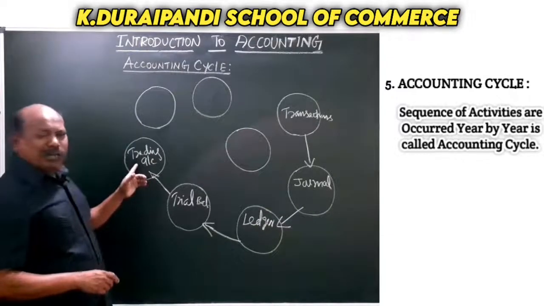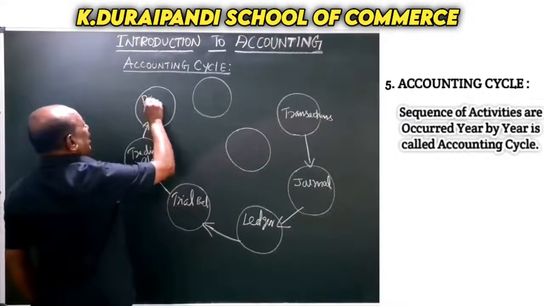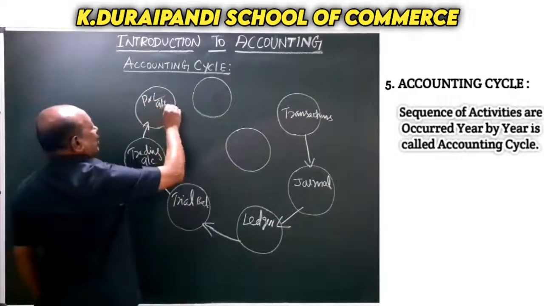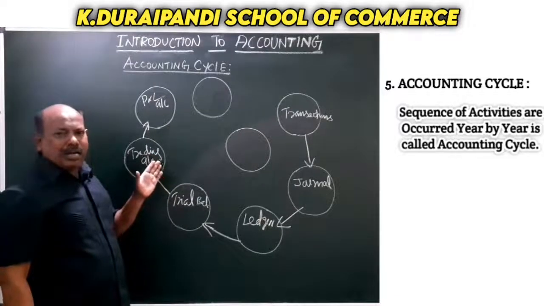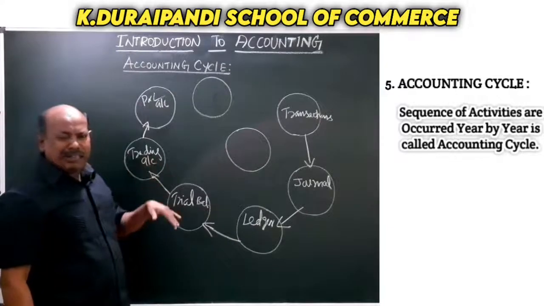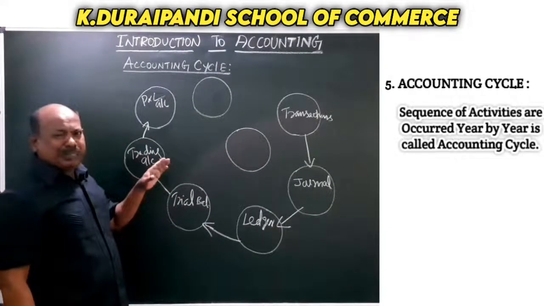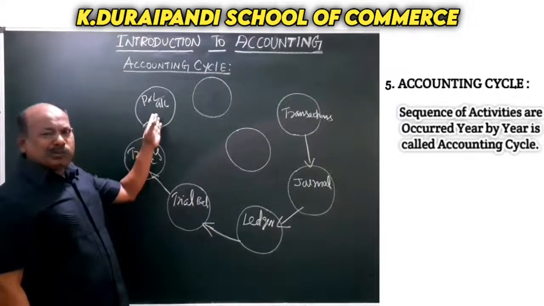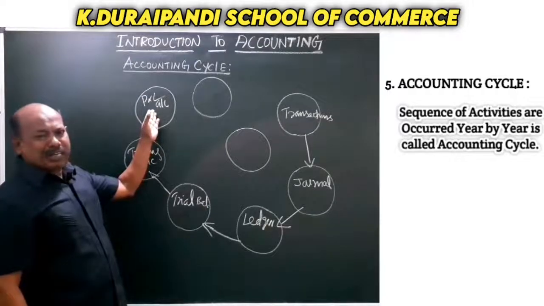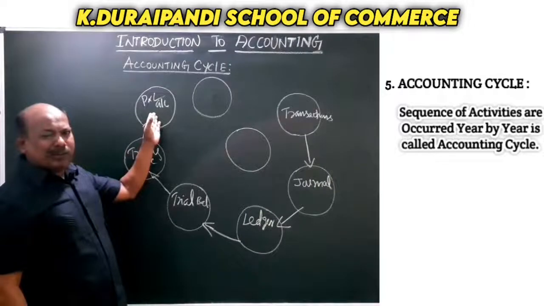After preparing your trading account, we move to the profit and loss account. Profit and loss account is an account of all incomes and all expenses. That is, income and expenses should be posted in the profit and loss account. It gives the net profit or net loss.